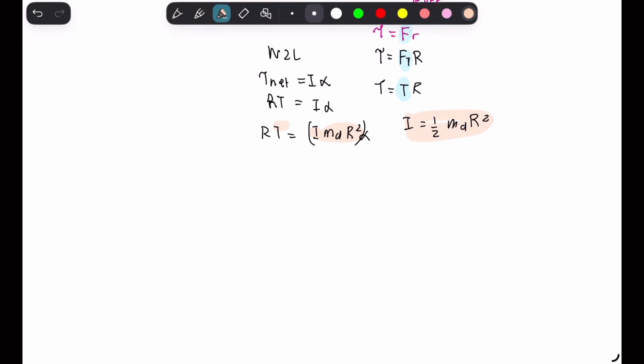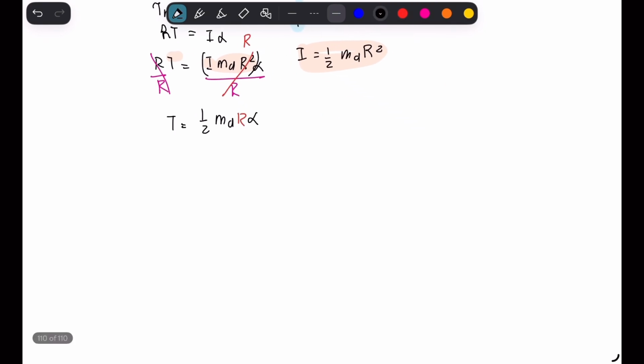Now, after this, what we can do is simplify by dividing both sides by R. We're left with T is equal to 1/2 mass of the disk times, you're left with only one R, times alpha.